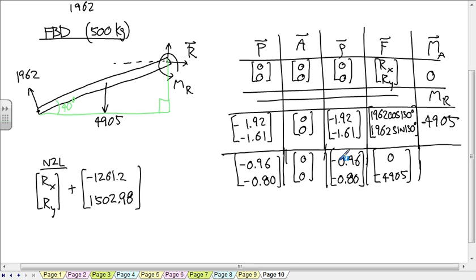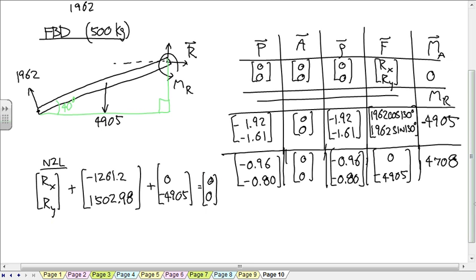And so the cross product is 0.96 times 4905. What does that give? 4696. Okay. 4708. Okay, so this plus 0, negative 4905 is equal to 0.